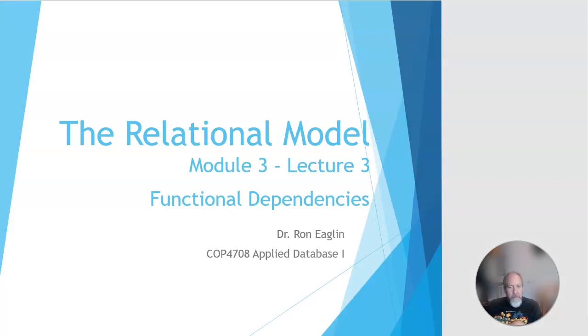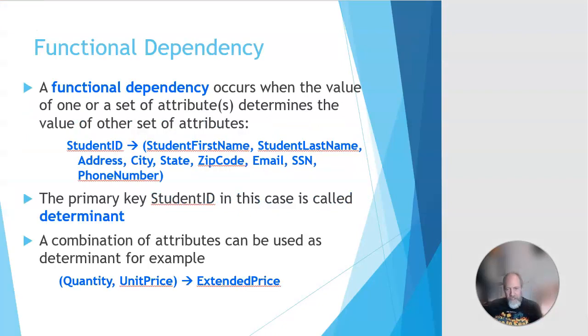All right, let's talk a little bit about functional dependencies. So, again, this is actually relatively simple stuff so far. A functional dependency occurs when you've got one field that determines the values of all the other fields in a table. So in the example that we've been looking at, if you know the student ID, you know the first name, you know the last name, you know the address, city, state, zip code, all those.